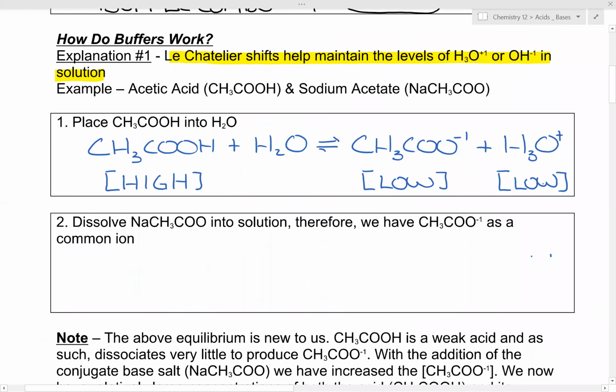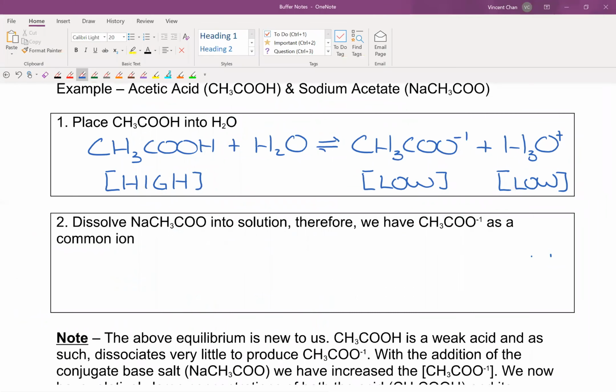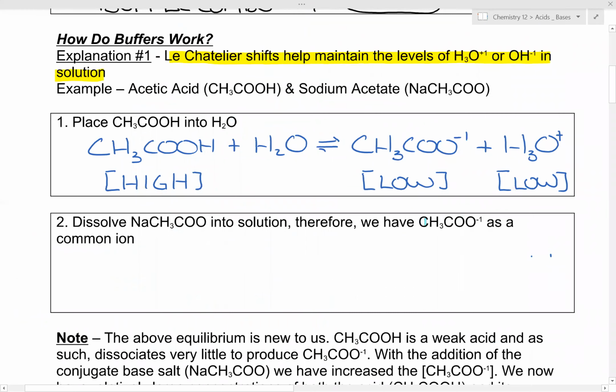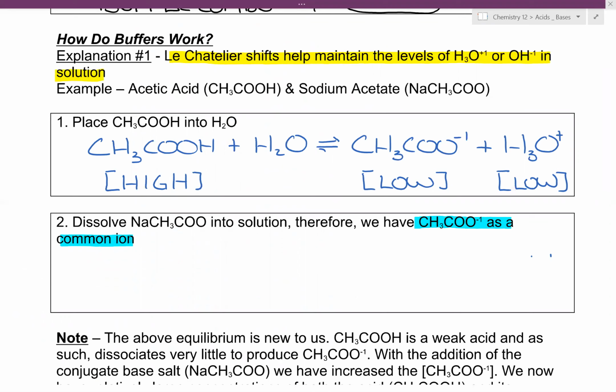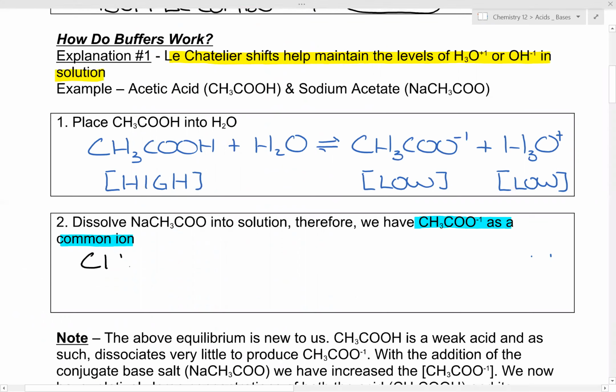But when we add the conjugate base in the form of a salt, you have acetate ions as a common ion. So what does that do to the equilibrium? Well, we still have the same equilibrium equation, so nothing is different here.